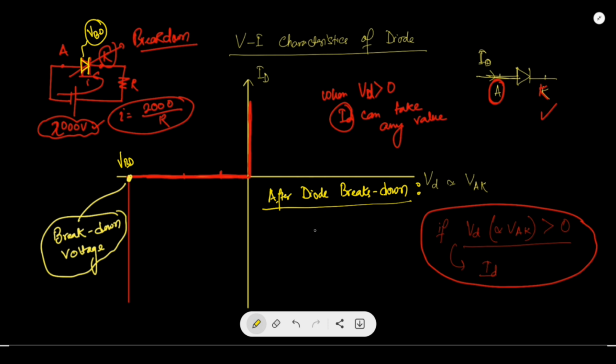So whenever the diode breaks down, then obviously it will allow the current to pass, and across the diode this voltage will appear. Okay, this is VBD, and the current will flow decided by the R.